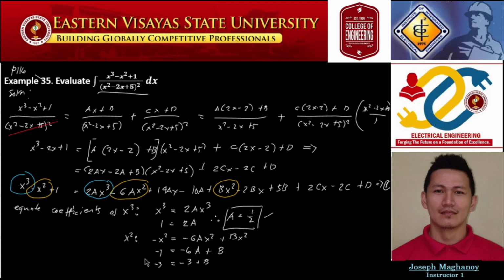So finally, if this is negative 1 plus positive 3, our b is equal to 2. Negative 3 will become positive. So positive 3 plus negative 1, that is 2. So you have the value for your b.